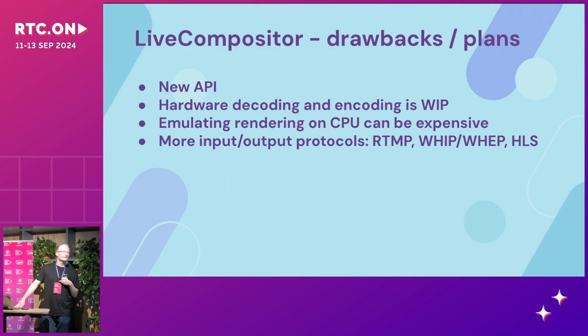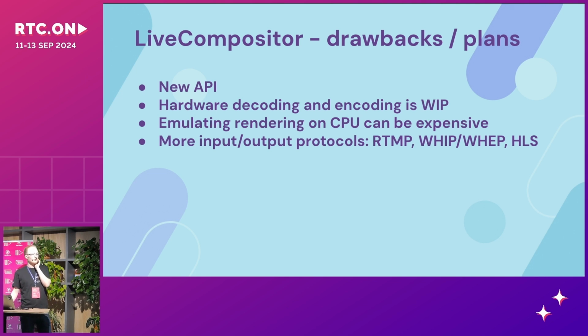Obviously, there are some drawbacks. To start off, it's a new API. Because we are not using the browser for rendering, you can't just put a random div in the middle of it and expect it to work. Same as you can't do in React Native. Also, hardware decoding and encoding is still a work in progress, and we expect it to be the most beneficial in terms of performance upgrades.